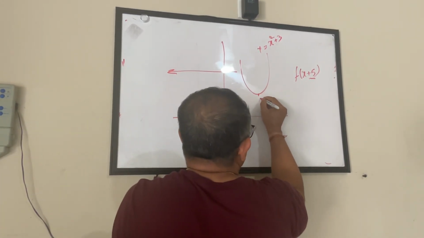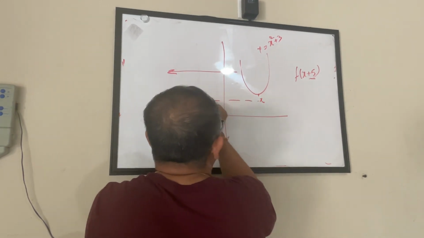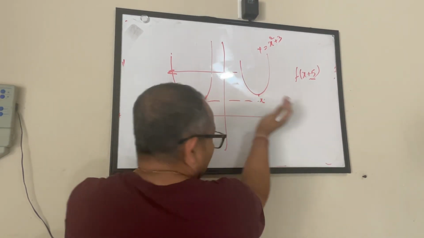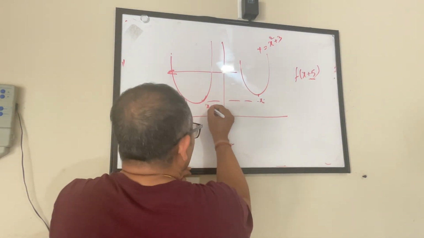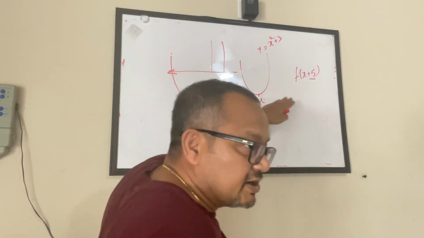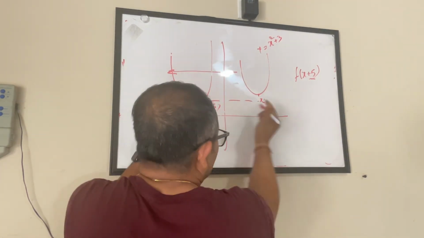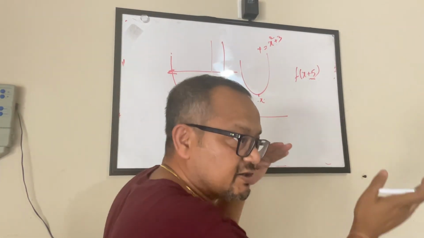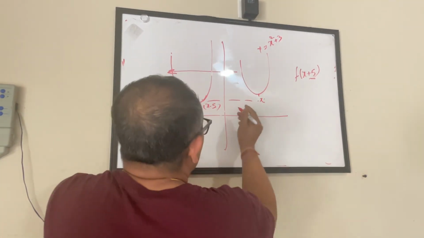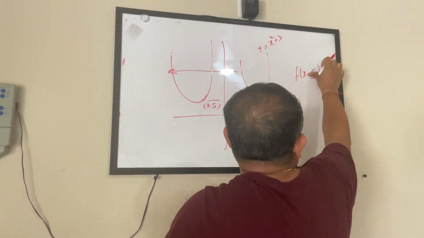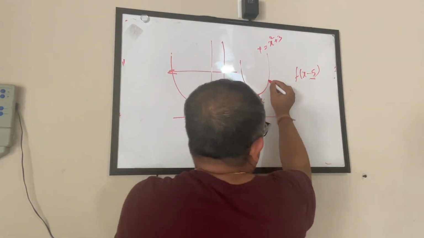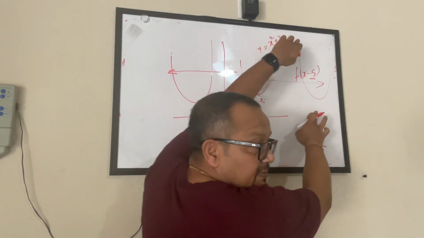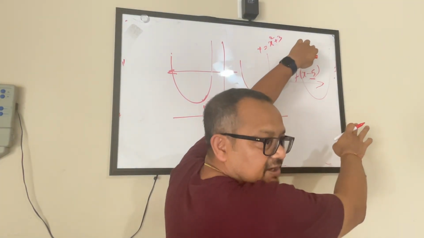So this one, let's say, was x, it becomes x minus 5, because it's moving to that side, right? The coordinate changes. This moved by that many points. So whatever was the coordinate here, that and this one differ by 5 points. Now, if it is x minus 5, then you know that this parabola is moving in this direction. It comes here. Every point changes by 5 points. Yeah?